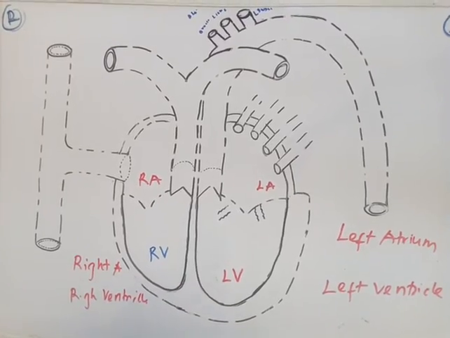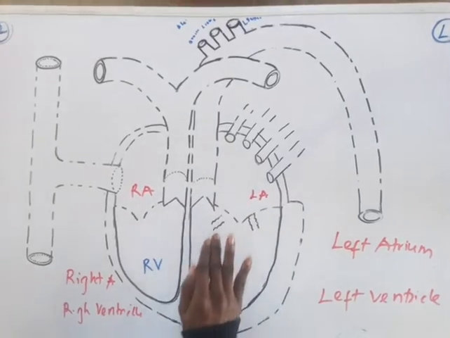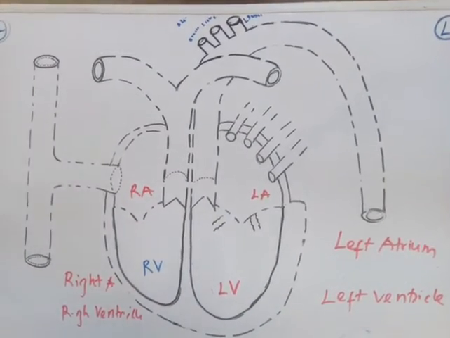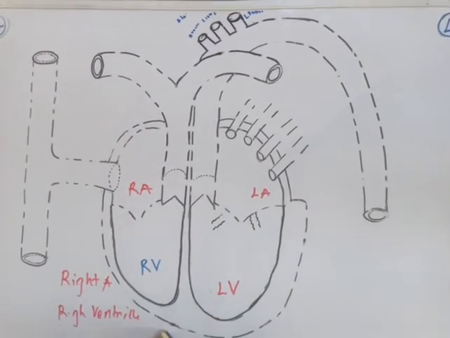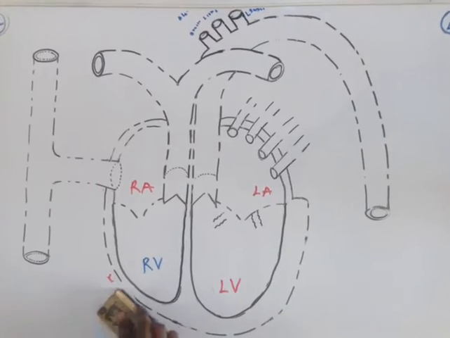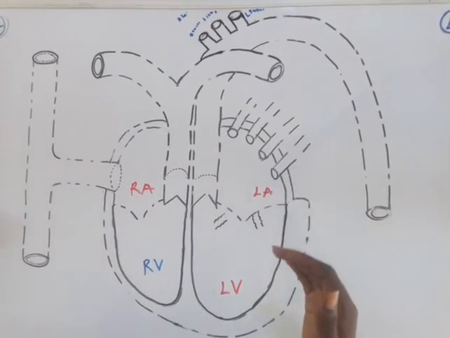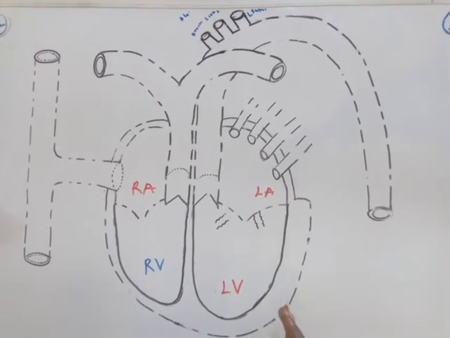Those are the four main chambers of the heart. The chambers are atrium and ventricle, paired with a left side and a right side.